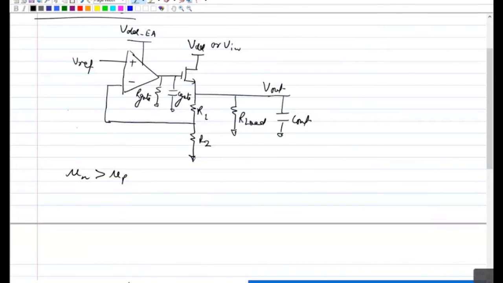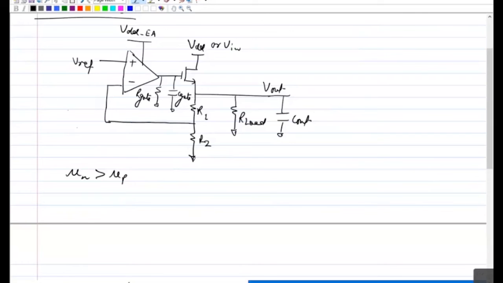So the compensation capacitor you connect at the gate with respect to ground will be the actual cap required. So you will not get any multiplication factor there. So the capacitor required may be large, obviously, because you don't have any Miller effect here.